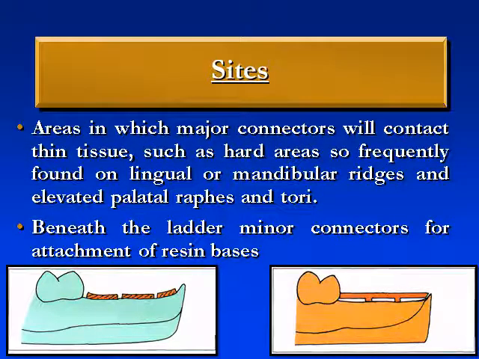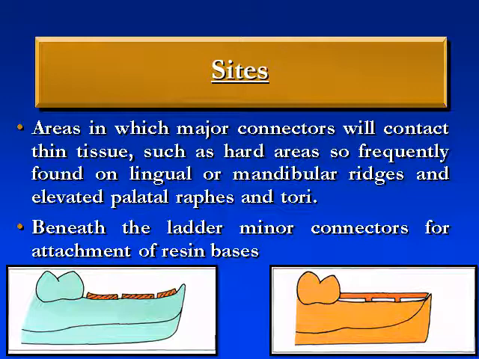Now, what are the sites that are used for the relief? First, if there is an area in which the major connector will contact thin tissues, as we said, relief is used to prevent damage to the soft tissue, such as hard areas frequently found on the lingual of mandibular ridges, and also in the case of an elevated palatal raphe and palatal tori on the upper arch.